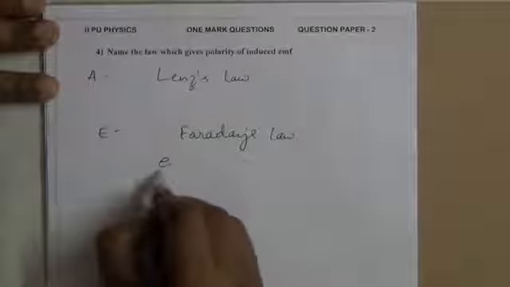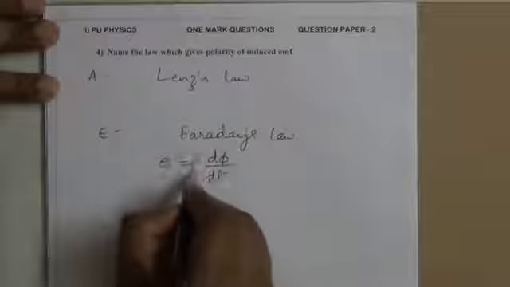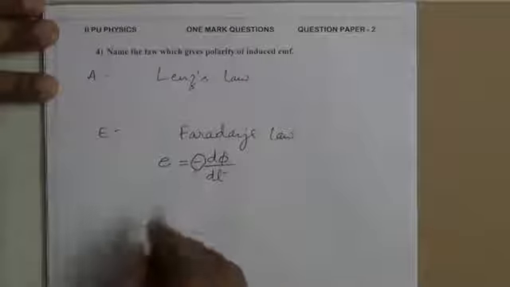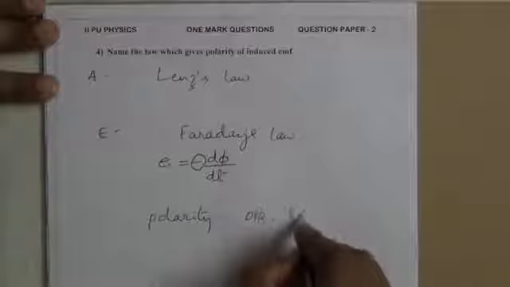Name the law which gives polarity of induced EMF. Answer: it is Lenz's law. This appears in Faraday's law of electromagnetic induction, which says induced EMF is equal to minus d phi by dt, and this negative sign represents the polarity of induced EMF or the direction of induced current.